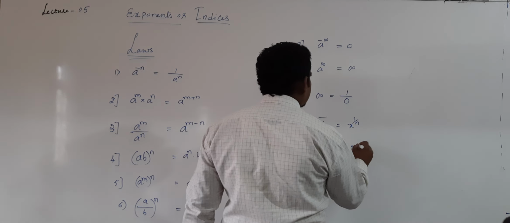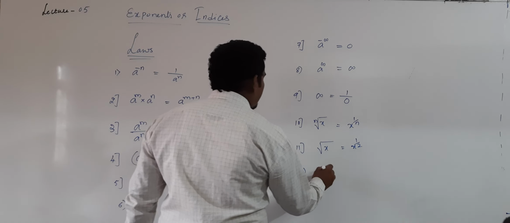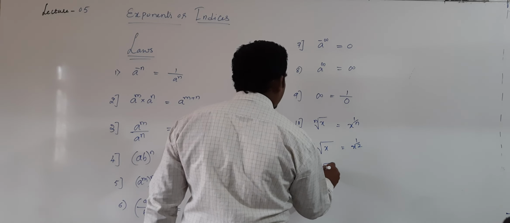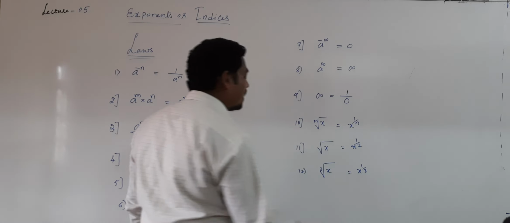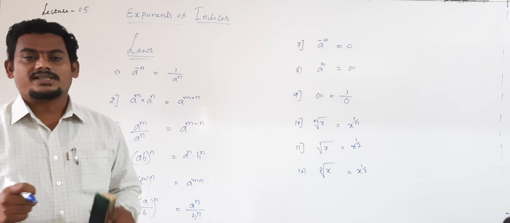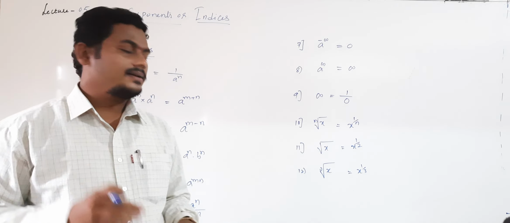Square root of x means x power 1 by 2. Then what is cube root of x? Cube root of x means x power 1 by 3 and so on. Suppose 10th root: 10th root of x means x power 1 by 10 and so on.